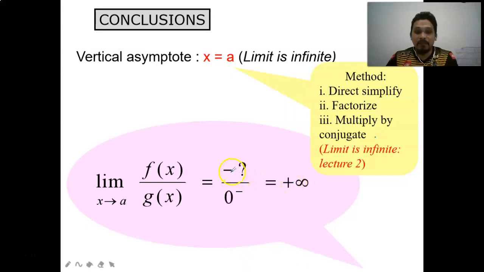And if a negative value is divided by 0, it comes from the negative side. Just imagine that it's negative 0.001, approaching 0 from the left side.